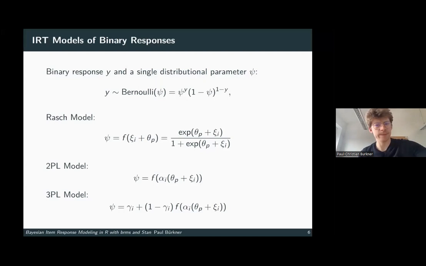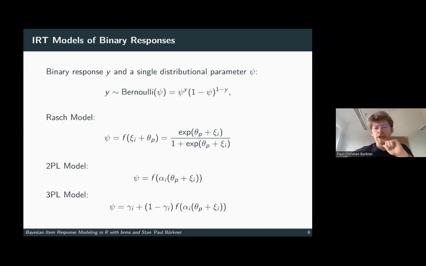Yes, there just came one question in the chat. Is there a specific reason for summing difficulty and ability? What would be the alternative? I guess that would be the add-on question. The convention is a subtraction. Yes.